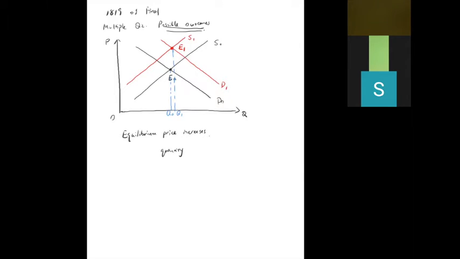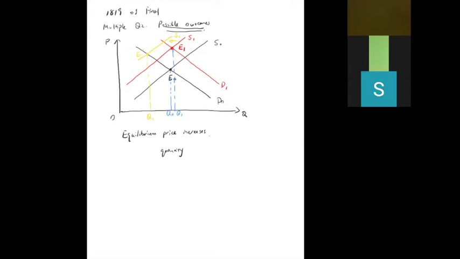But if the supply curve shifts in a little bit more, so let's say if it's actually here, it moves a little bit further to the left, then this will be the new equilibrium quantity. And the Q1 prime will actually be smaller than Q0.